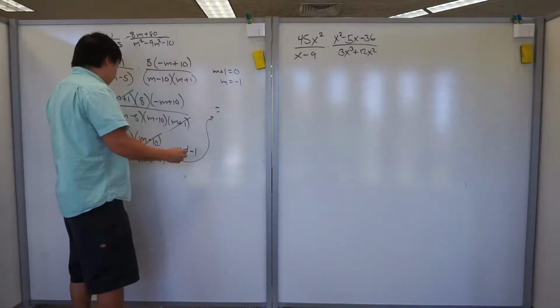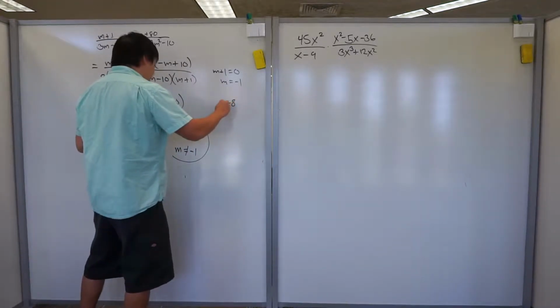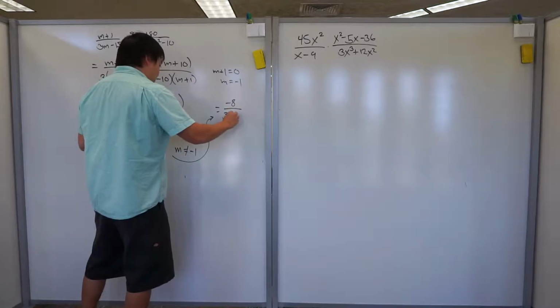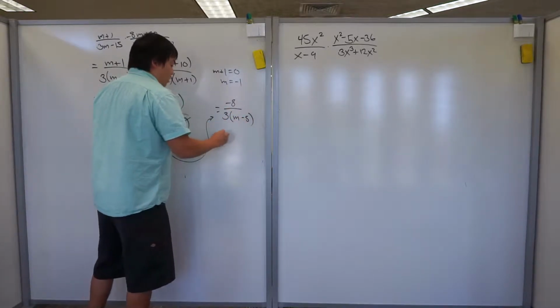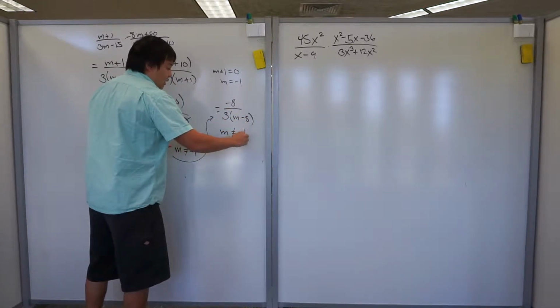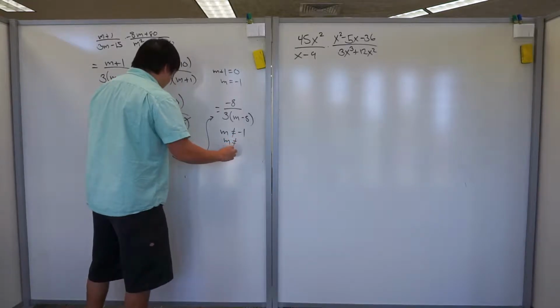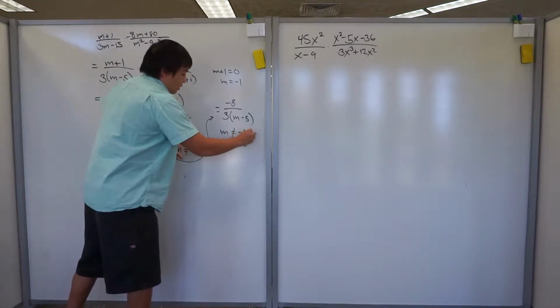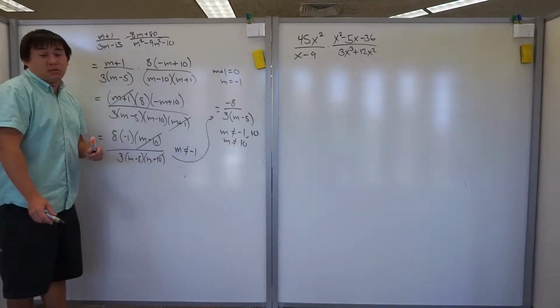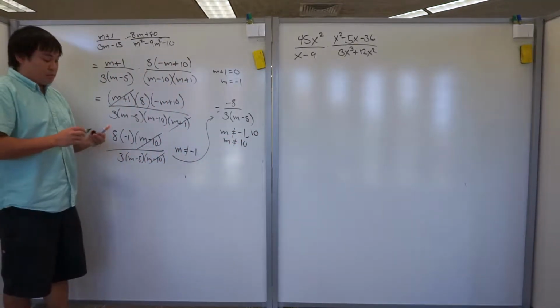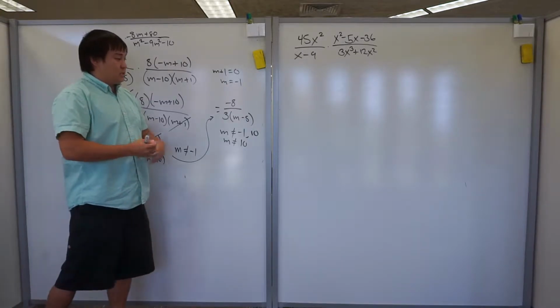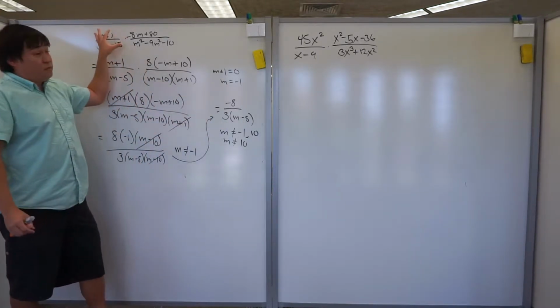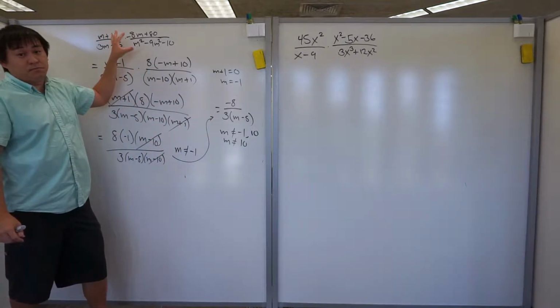So this is equal to negative 8 divided by 3 times m minus 5 when m is not equal to negative 1 and m cannot be 10. Either like this, or you can just write a comma and split the two numbers like that. So this is the simplified version of this multiplication problem right here.